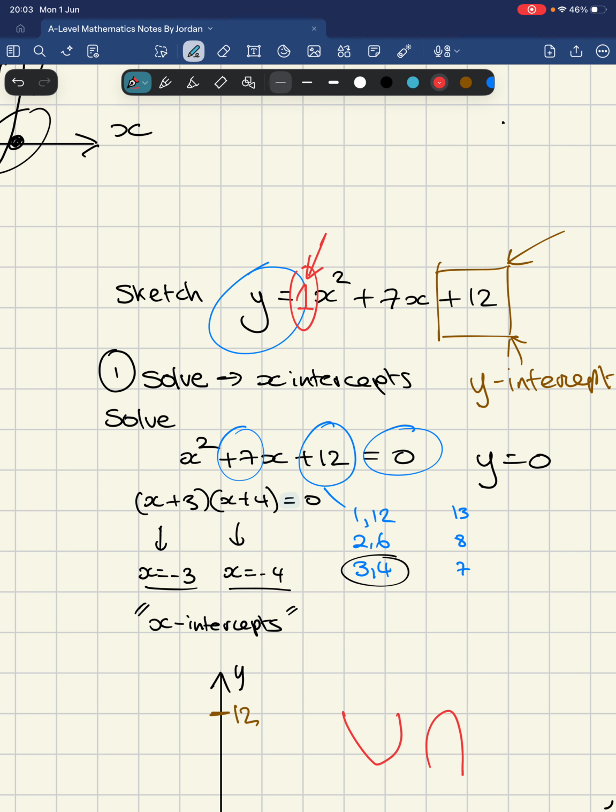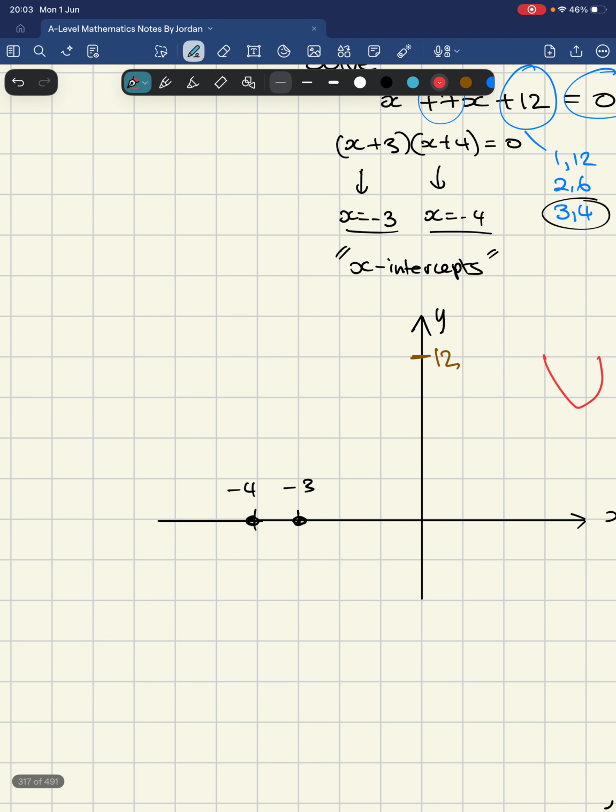If the number's positive, then you will end up with a U-shaped graph. If the number's negative, you'll end up with an N-shaped graph, upside down. If it was negative, you would have a minus in front of the x squared term, or you would see something like minus 3x squared. You would see a negative sign, and that's when you know it would be this shape. So most of the time it will be a U shape, and that's what we have here.